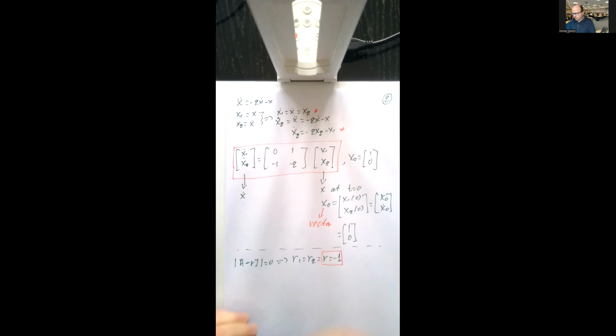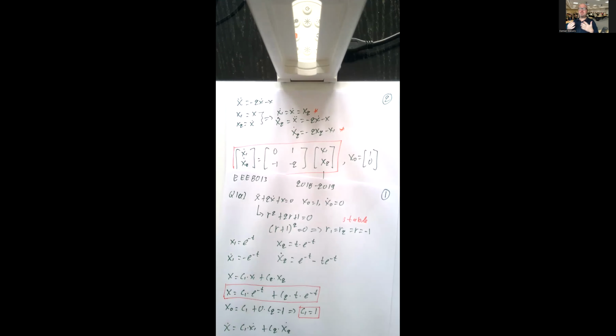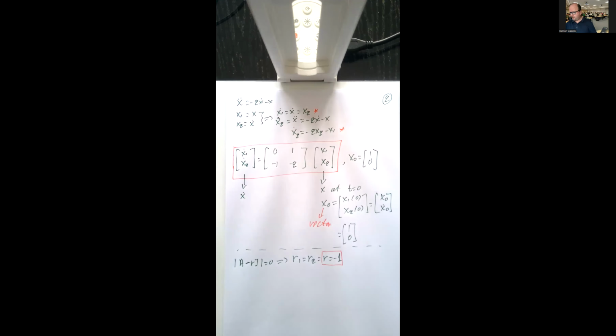And we know that because we found it here. Okay, it is the same system. So the eigenvalues, either as a state space model or as an ODE, must be the same. So now this is my eigenvalue. I need to calculate the eigenvector.